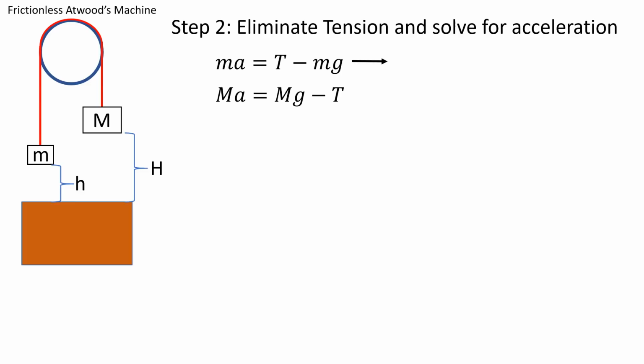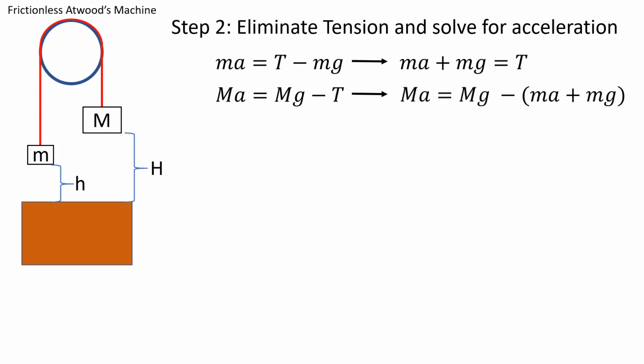So we'll simply take the first equation for the smaller mass and arrange it to solve for T. So we will have T equals ma plus mg, and then we'll plug that into the second equation. So we have big Ma equals big Mg minus quantity little ma plus little mg.